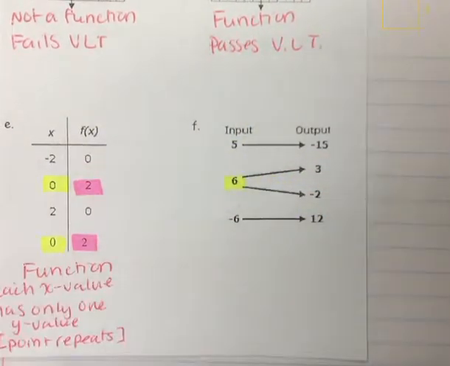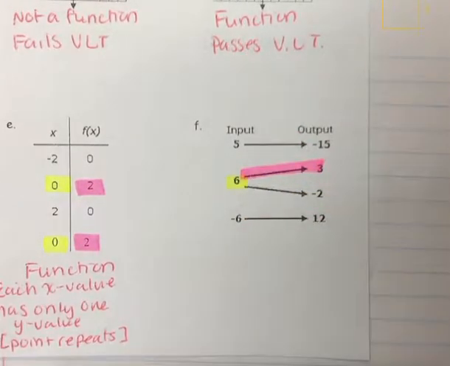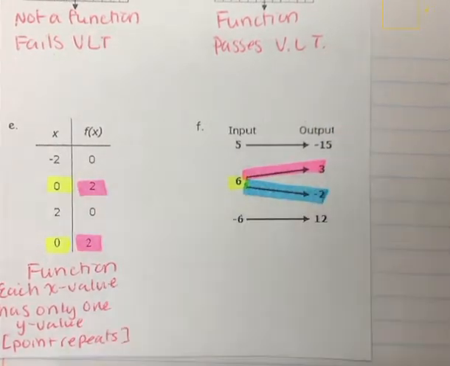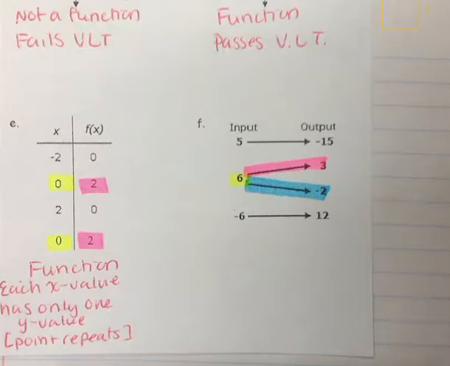But again, just because the 6 is repeated does not mean it automatically is not a function. We look to see what does the 6 go to. It maps to the +3, but then it maps to a -2, which is not the same. Because these are two different values, this will not be a function. We do not even need to look at this next coordinate because we already know it's not a function.